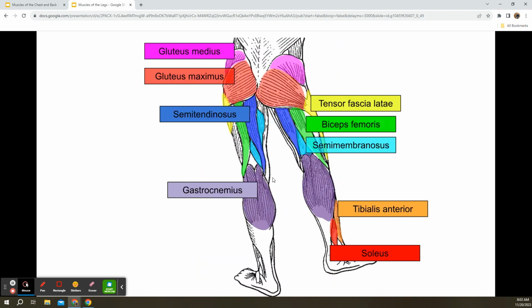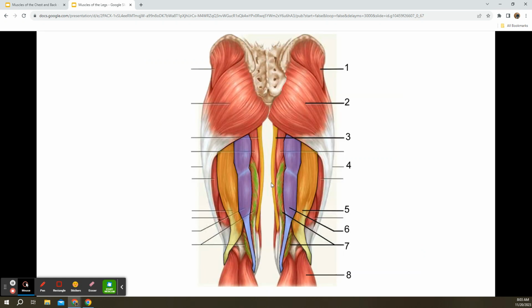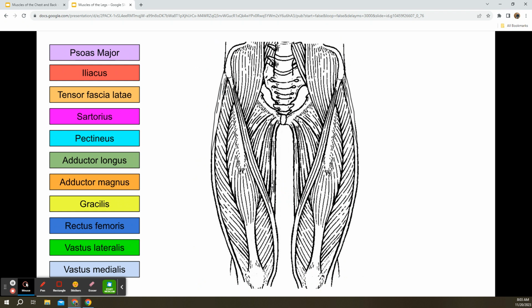What I want you guys to do is make sure you're taking a quick second to color these in. Now, see if you can identify any of these ones. Okay, now the anterior view of your legs.